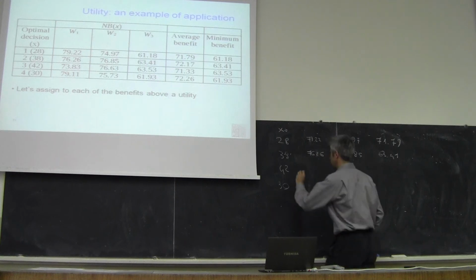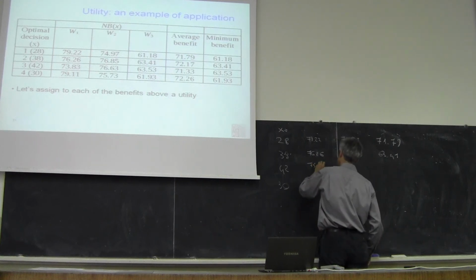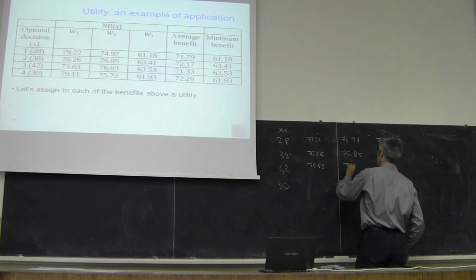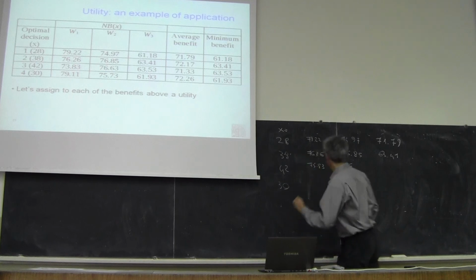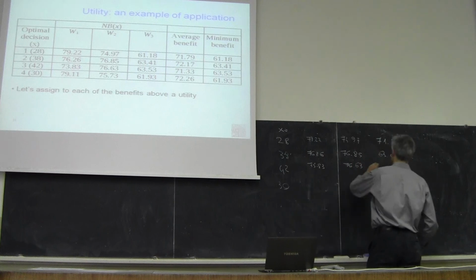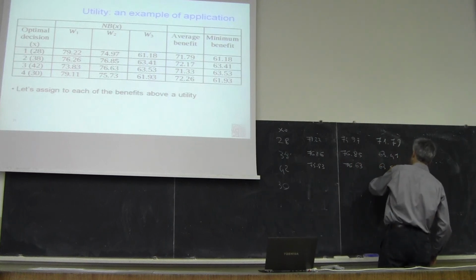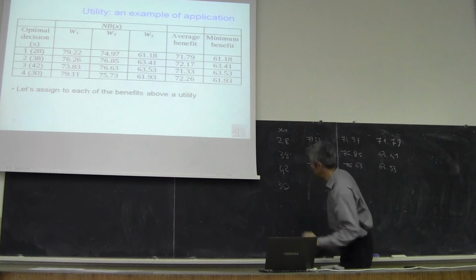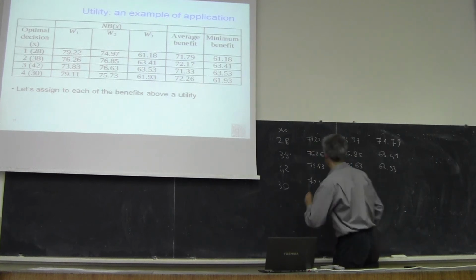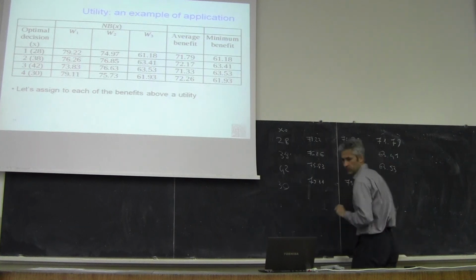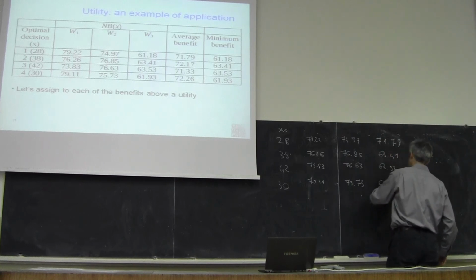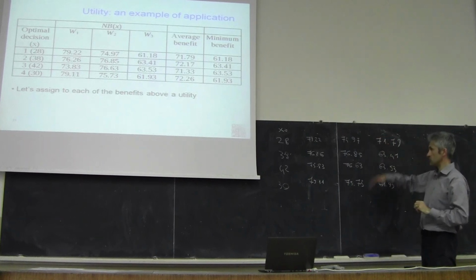Third, 73.83, and then 76.63. Third one is 63.53, and then the final one is 79.11, and then we have 75.73, 61.93. Perfect. These are the possible benefits.